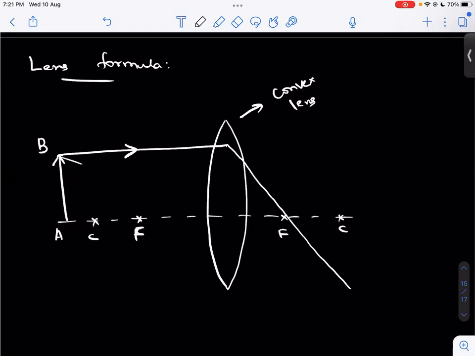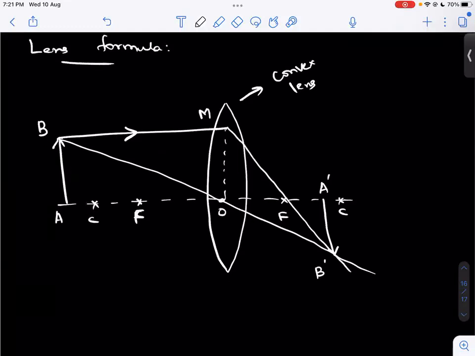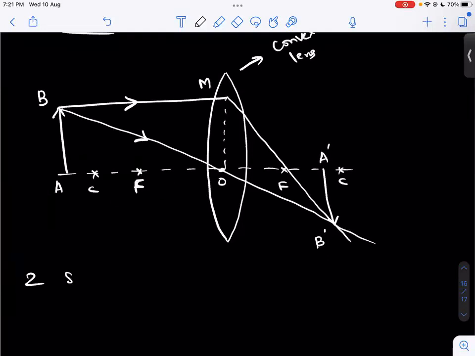Similarly, when you take a second ray through the optical center, then after refraction, the ray would pass undeviated. So the final image is formed at the position which is called A dash B dash. From this point, if I drop a perpendicular, let me call this point M. Now, I need to find two sets of similar triangles.